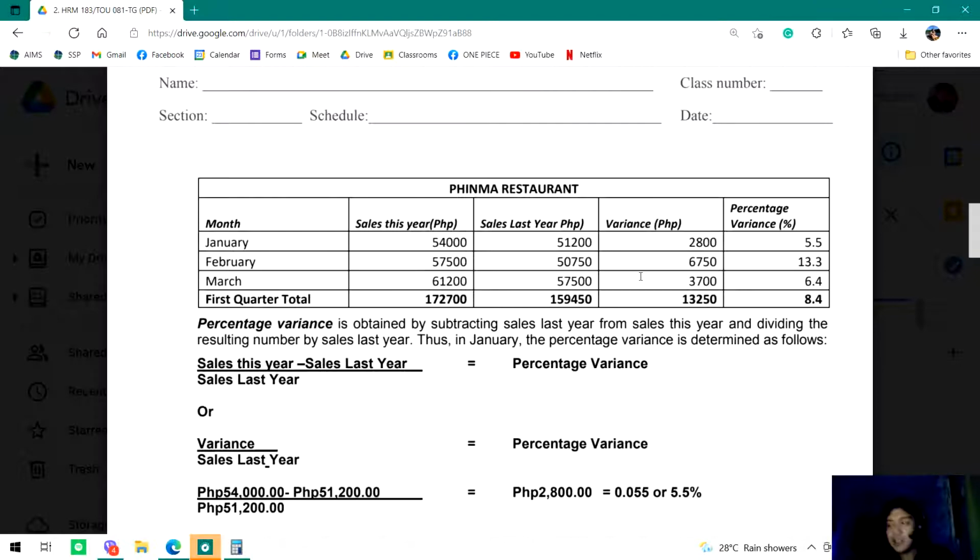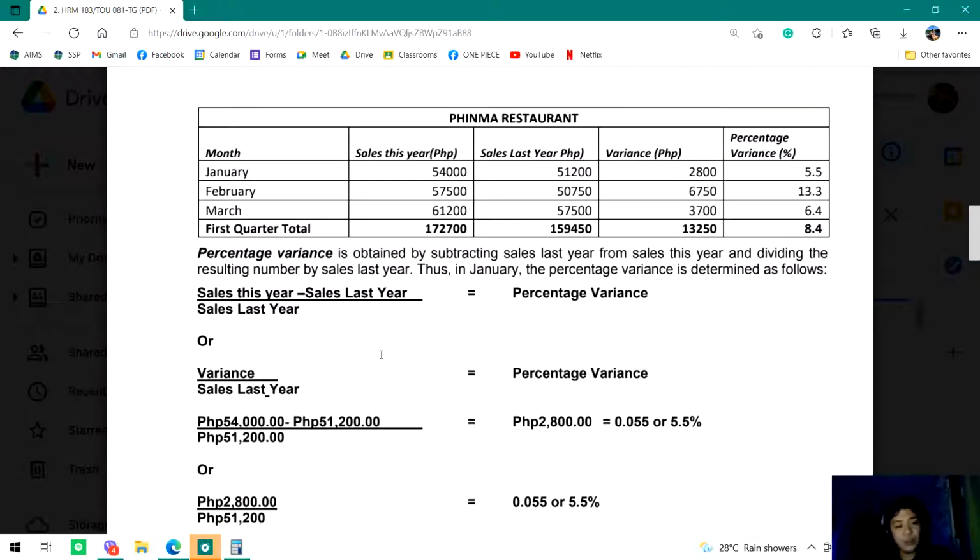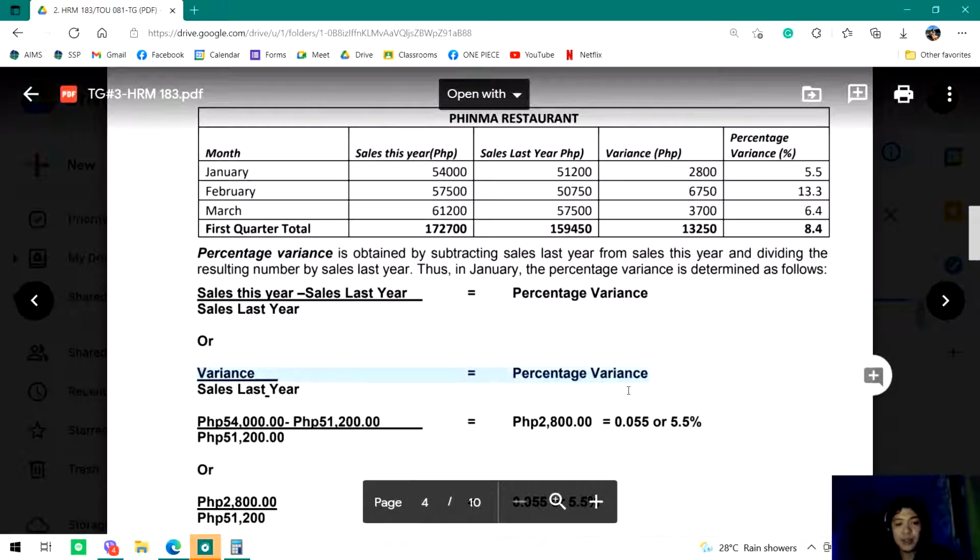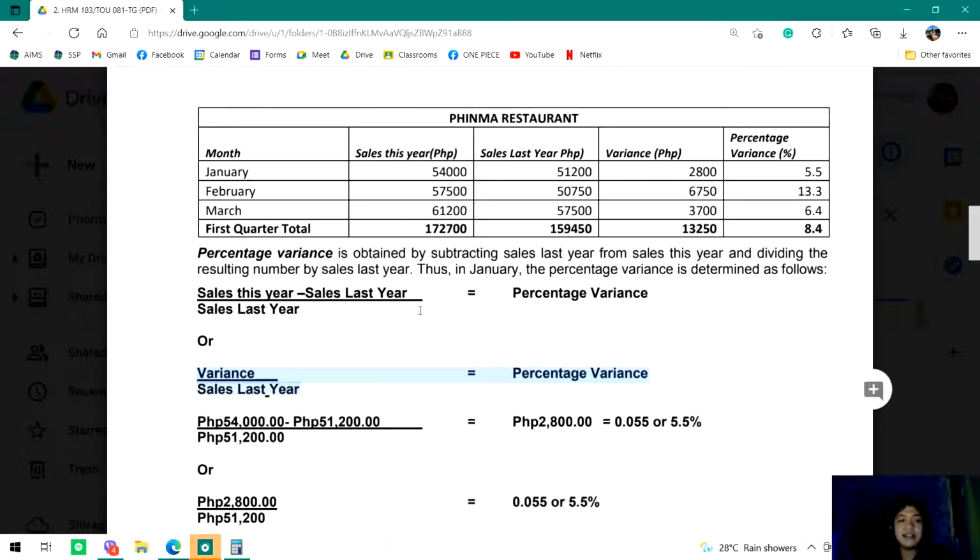What we have to do to determine the percentage variance is use this formula: variance divided by sales last year. Through this formula, you will know the percentage variance, or how much our sales increased.